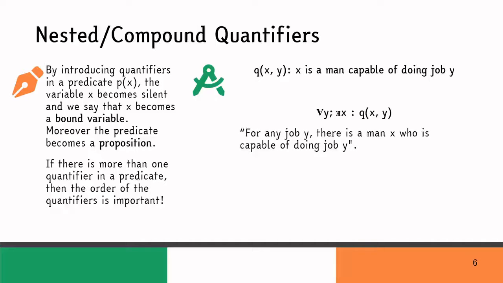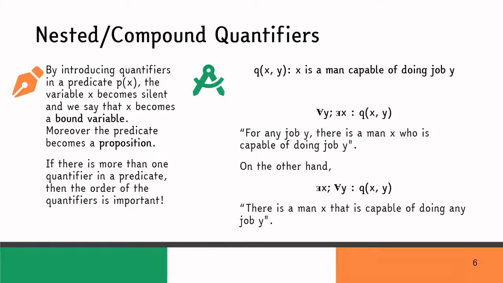On the other hand, if we reverse the quantifiers, the representation becomes there exists x, for all y, q of x, y. This statement is read as: there exists a man x that is capable of doing any job y.